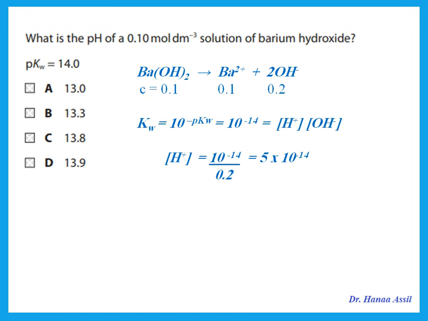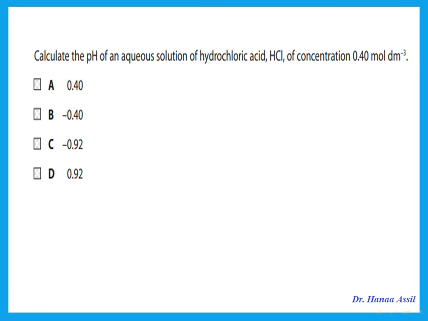I have this value for concentration of H plus ions, so I can use it to get the pH. We know that the pH is minus log concentration, so that would be 13 point. Okay.